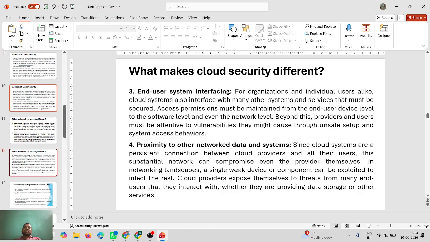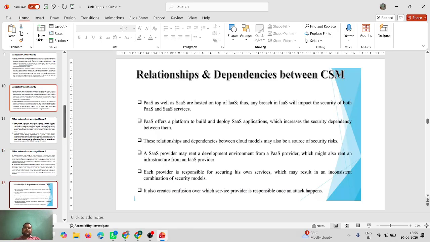See the interfaces, how easy the interface is between the end user and the cloud systems to access the services. And other cost as well. You can also include cost for the security, and proximity to other network data and systems.